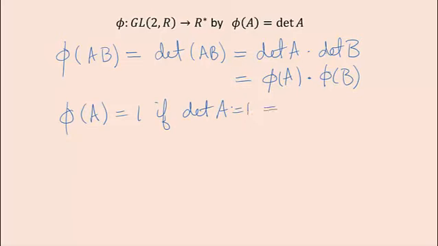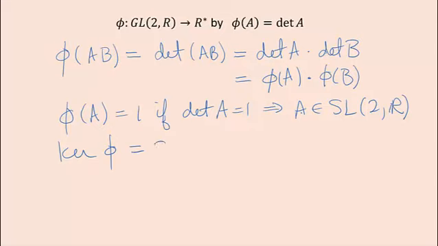In other words, if A lives in the special linear group of 2 by 2 matrices, entries from R. So the kernel of phi, ker phi, the subset of the general linear group that gets mapped to the identity of R star, is the special linear group of 2 by 2 matrices.